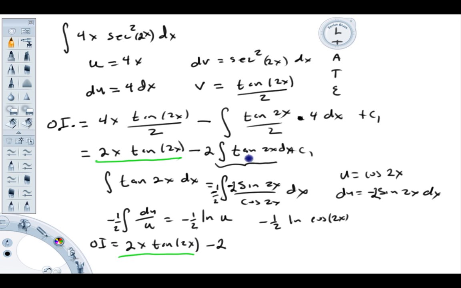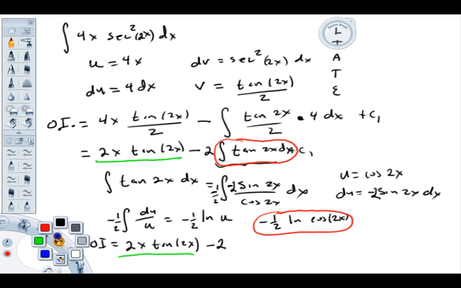Minus 2 times, I'm going to circle this in red, integral tangent of 2x dx, which we just worked out to this. So when we do the minus times a minus, that's now going to become a plus 1/2 natural log cosine of 2x.